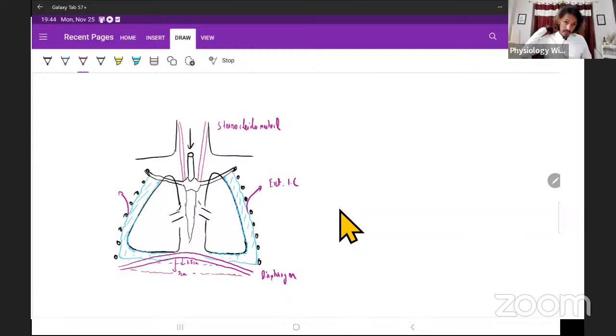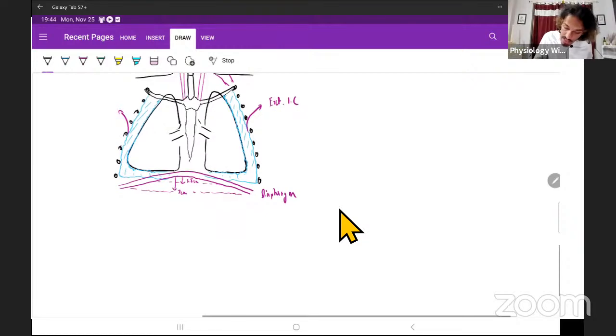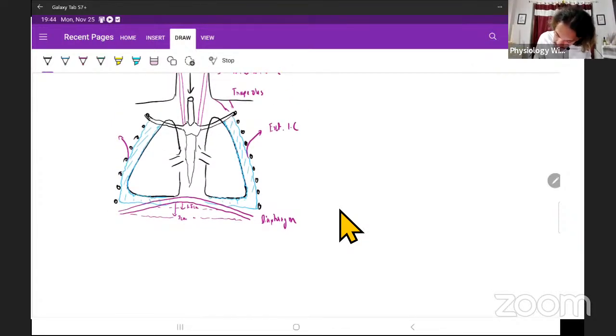Then we have from behind, there's a muscle which is coming up like this, which is called trapezius. Majorly it's in the back, but it comes up. Then between your first rib, there is another muscle here like this, which is a scalene muscle, anterior scalene muscle.